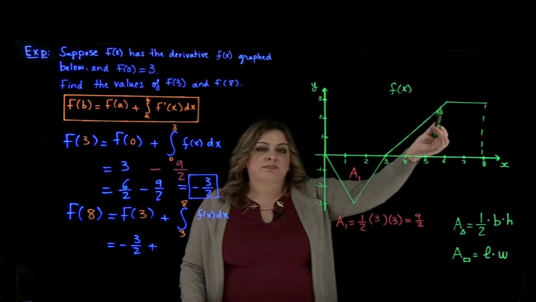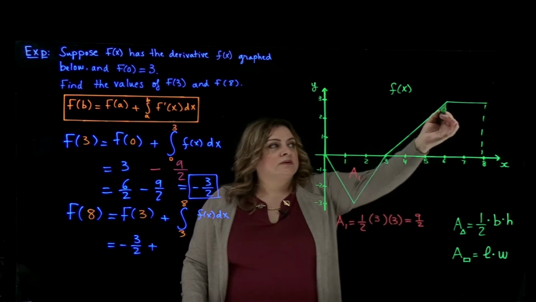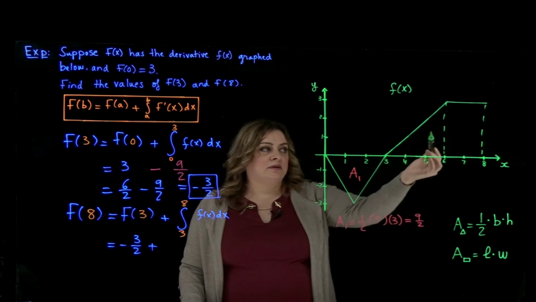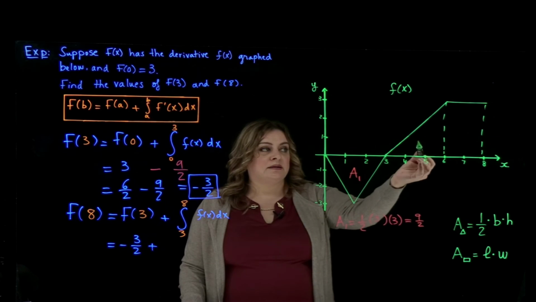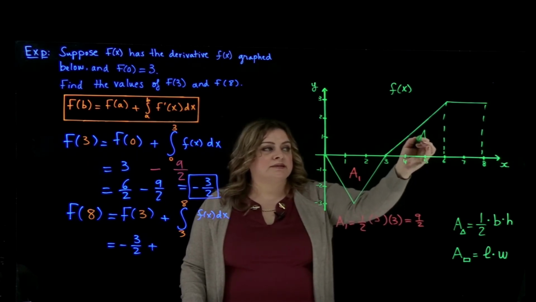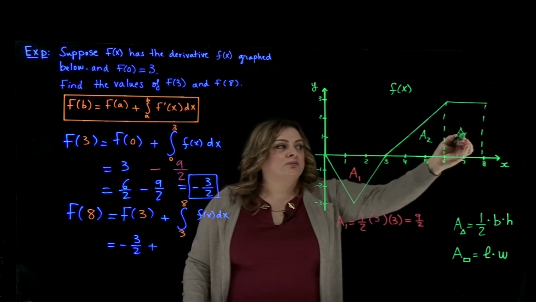I notice I can split my region into a triangle and a rectangle. I want to let the area of the triangle be A sub 2 and the area of the rectangle be A sub 3.